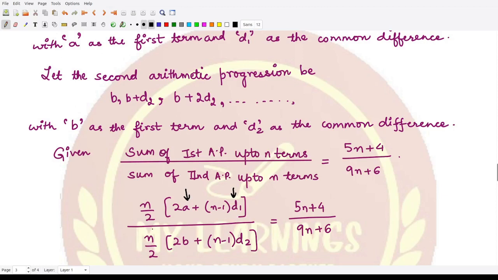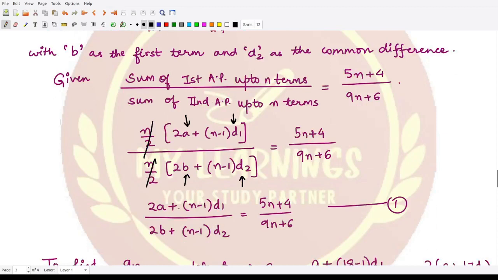Similarly, n by 2 into 2 times b, the first term of the second AP, plus n minus 1 times d2, where d2 is the common difference of the second AP, and this right hand side as such. Correct? So now this n by 2 and n by 2 cancel with each other. So we have 2a plus n minus 1 times d1 divided by 2b plus n minus 1 times d2 is equal to 5n plus 4 divided by 9n plus 6, right? Let's mark this as equation 1.